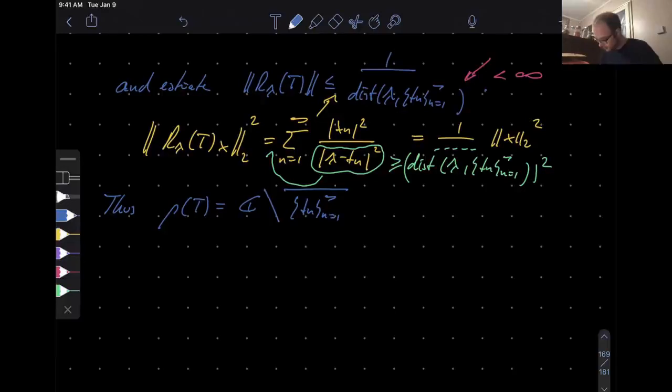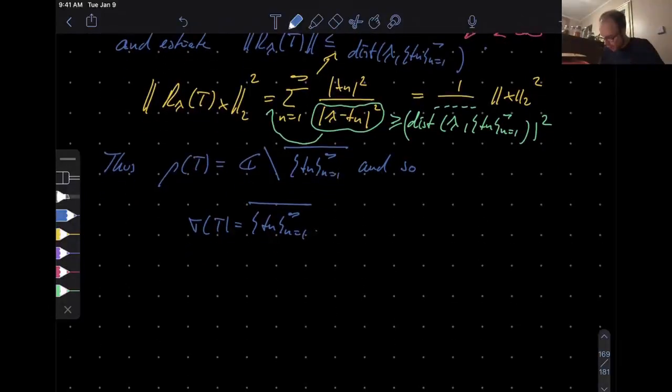And so, well, the spectrum would just be the complement of this. This would be {t_n}, n from 1 to infinity, and the closure thereof. All right, good. So I already know that the point spectrum is all those t_n's without the closure. So now what remains to be seen is whether the limit points are either in the continuous spectrum or in the residual spectrum. Right, so let's do this now.